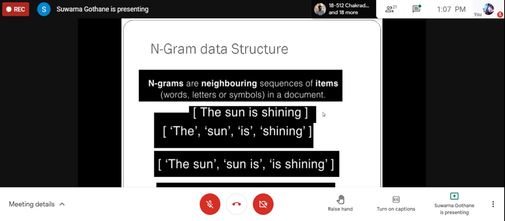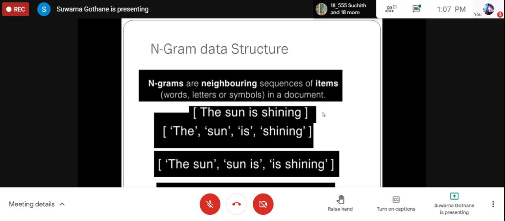This can be applicable either to words, or to the letters or symbols in a particular document. So how do we define n-grams? N-grams are nothing but sequences of words, letters or symbols in a document.